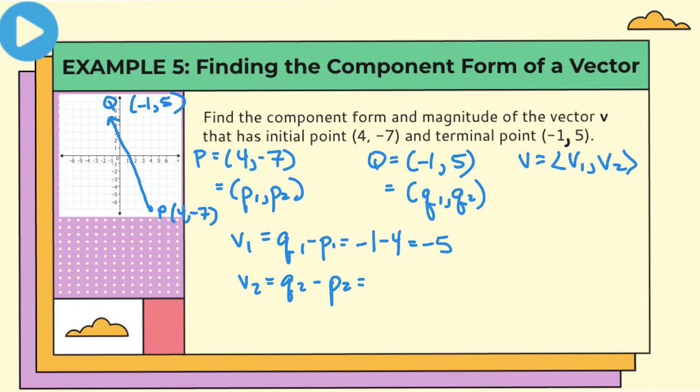And then Q2 is 5, P2 is -7, 5 minus -7 is 12. So now we know what V1 and V2 are. So we can see that V equals -5 and 12. So this is our component form.